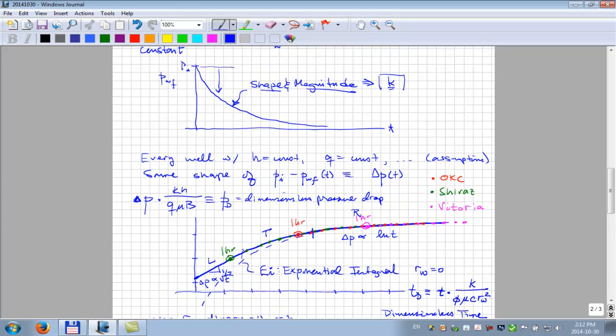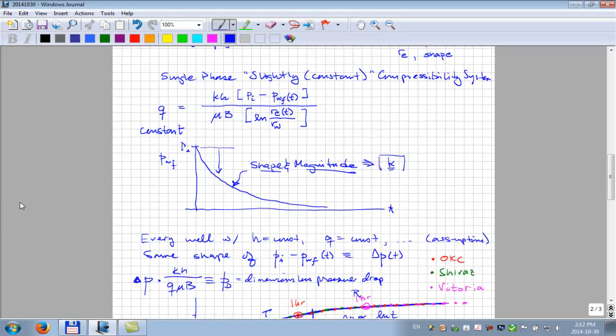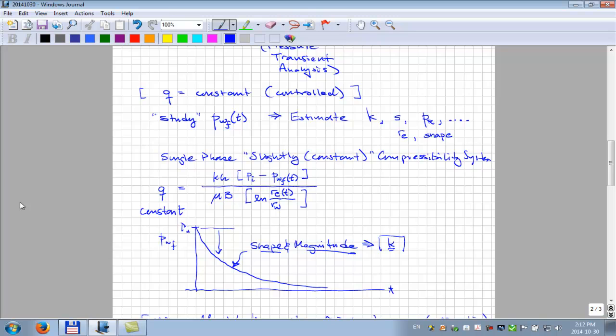So we've got the definition of dimensionless time, dimensionless pressure. We've got the concept of linear flow, radial flow, transition from linear to radial. Let's see, what else are we missing? This is for a well producing at a constant rate. You're looking at how the pressure, or the pressure drop, changes with time.